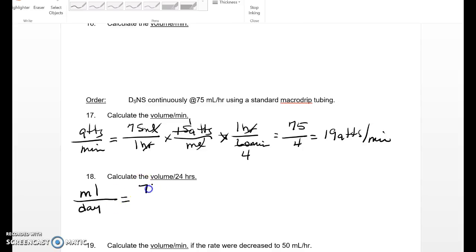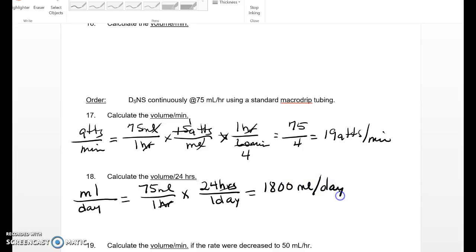So we have our 75 milliliters over 1 hour, and we know that there's 24 hours in 1 day. So I can get rid of my hours, and now I just have to multiply 75 times 24. This patient's going to get 1,800 milliliters per day. Okay?